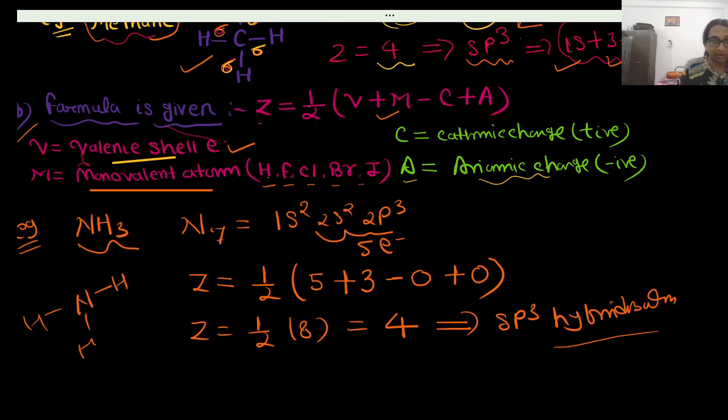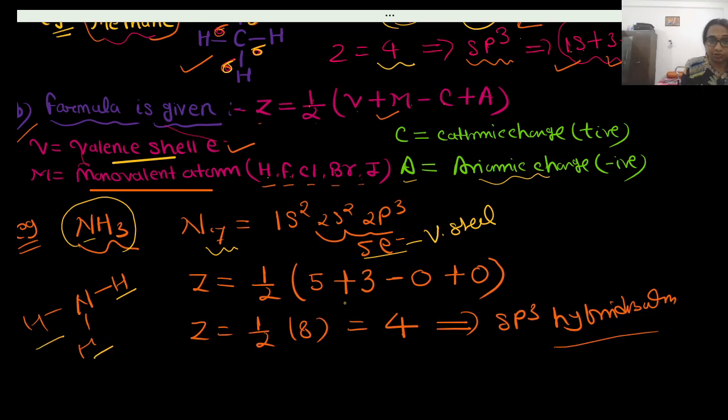Now we can calculate the hybridization in the central atom of the ammonia molecule. Ammonia has 3 hydrogen atoms and 1 nitrogen atom. The electronic configuration of nitrogen shows 5 electrons present in its valence shell, and similarly for the monovalent atoms, which are the 3 hydrogens.